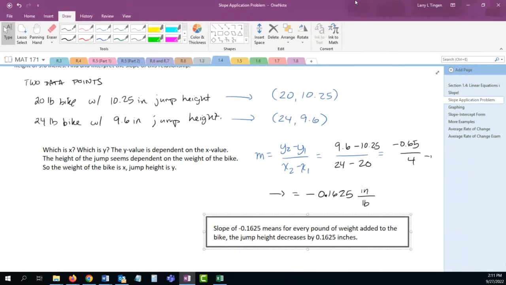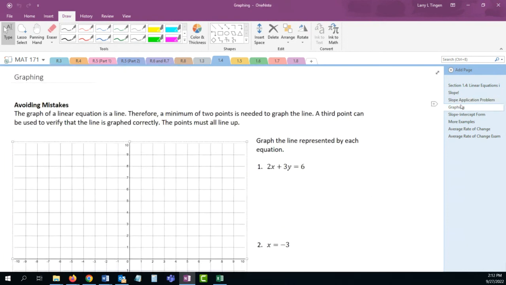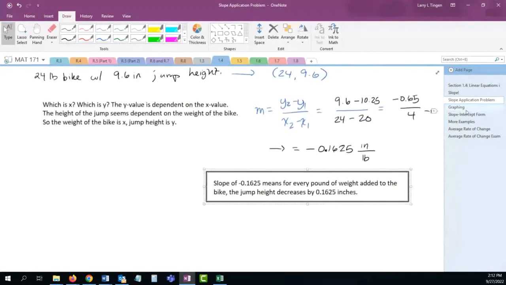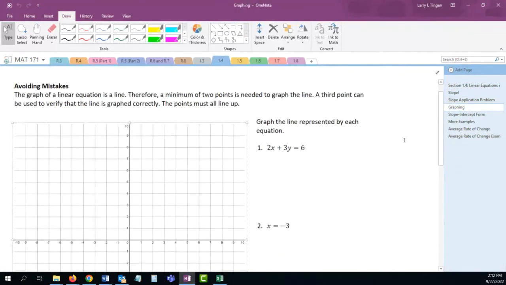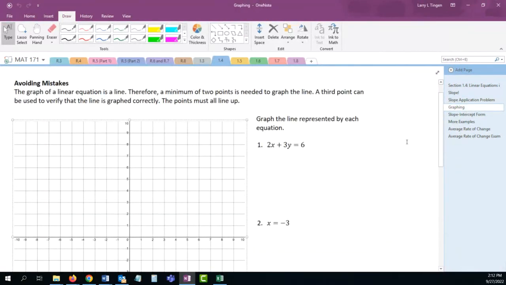All right, so quickly tackle, I know we've got 4 minutes. I want to get you over to this next page and get you started. To graph a linear equation, you need a line. It's a straight line, and you've always heard that the shortest distance between 2 points is a straight line.